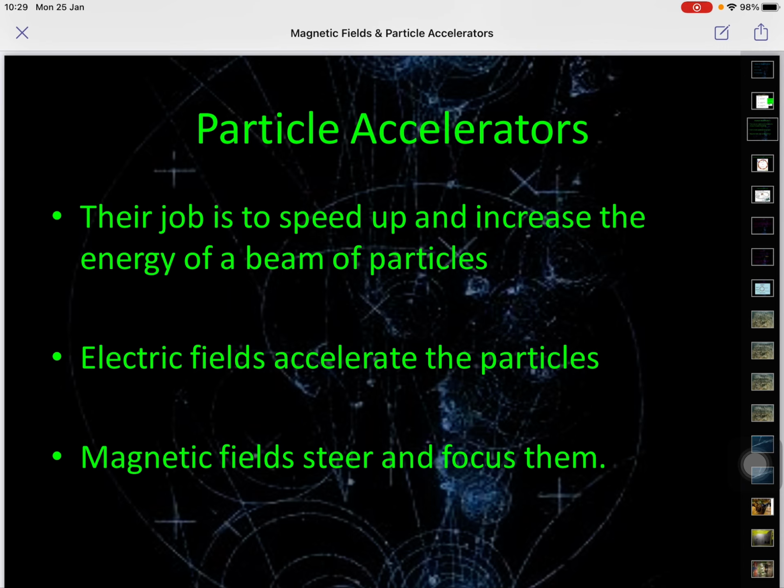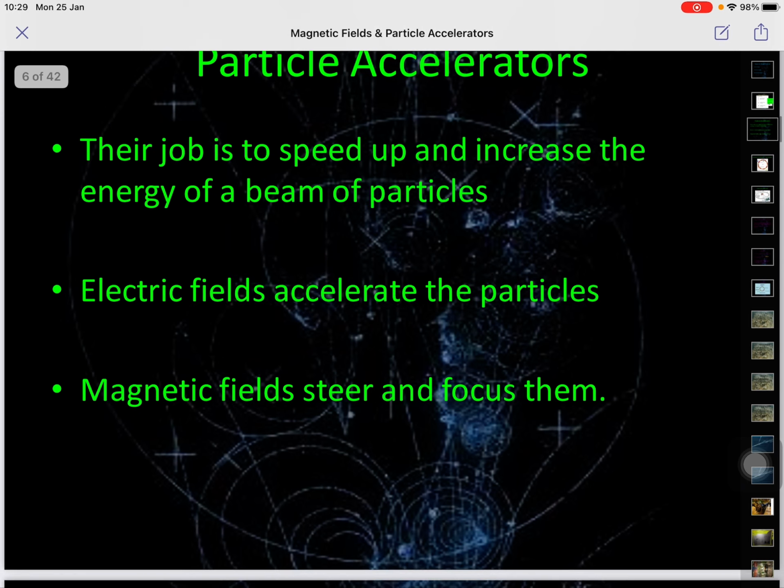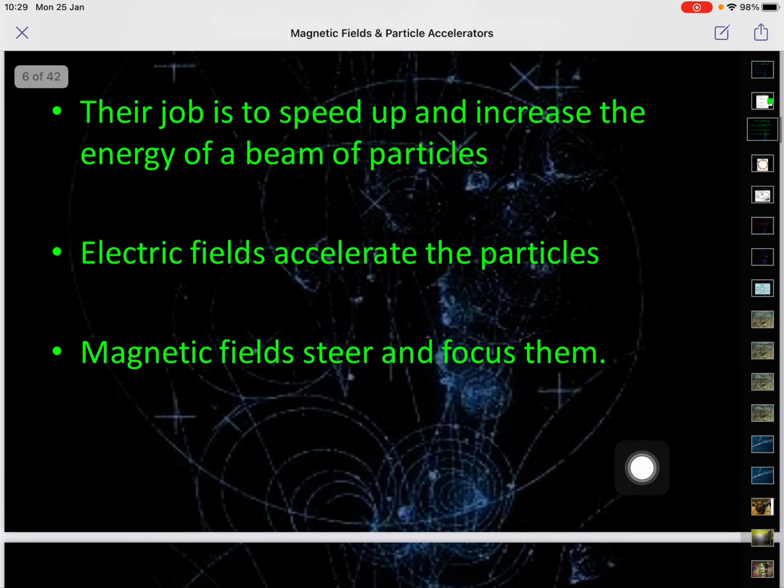So very simply, what do particle accelerators do? Well, their job is to speed up and increase the energy of a beam of particles. So, true to the name, accelerator, it wants to speed them up. How they do this is a combination of electric fields and magnetic fields. It takes both of these fields together and it steers particles and accelerates them.